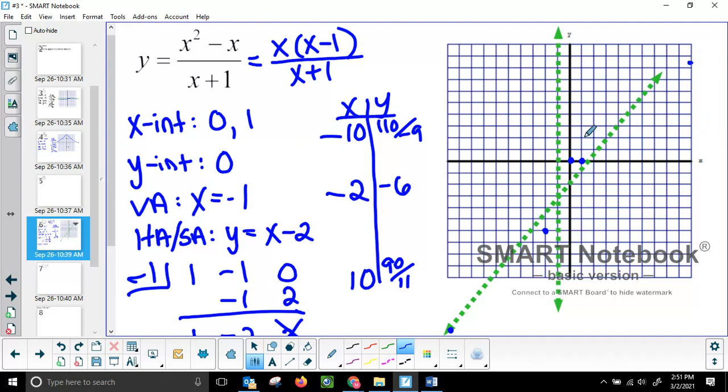This line isn't the greatest, and I apologize for that. The slope is a little off, that's why it's a little bit off on here.